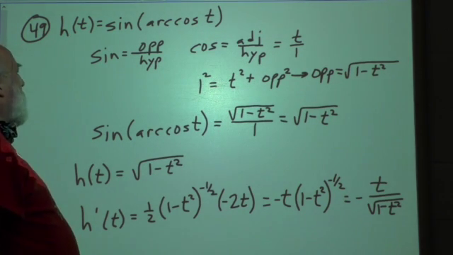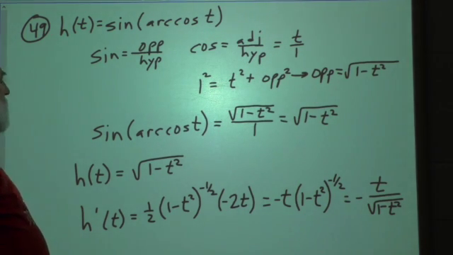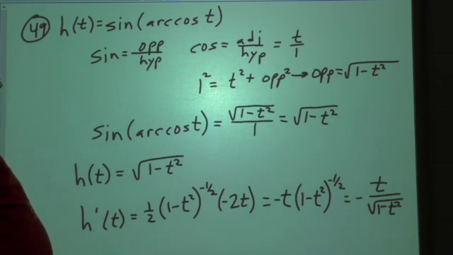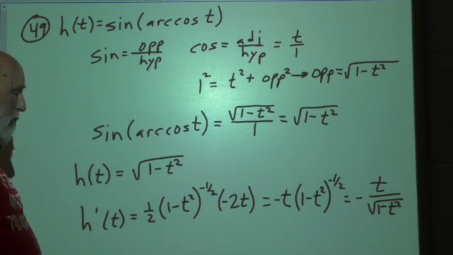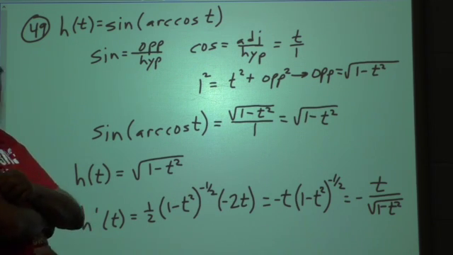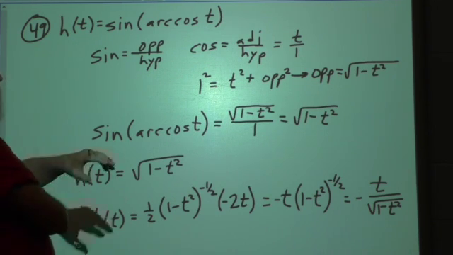The function here is given to us as the sine of the arc cosine of t. Now, in the previous lesson, when we had a situation like this, we needed to find the sine by looking at the right triangle geometry for this.